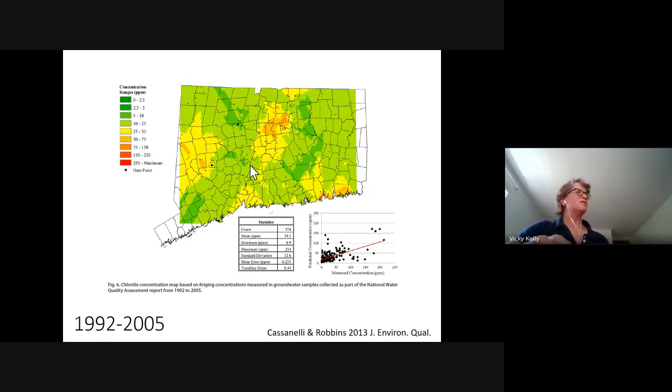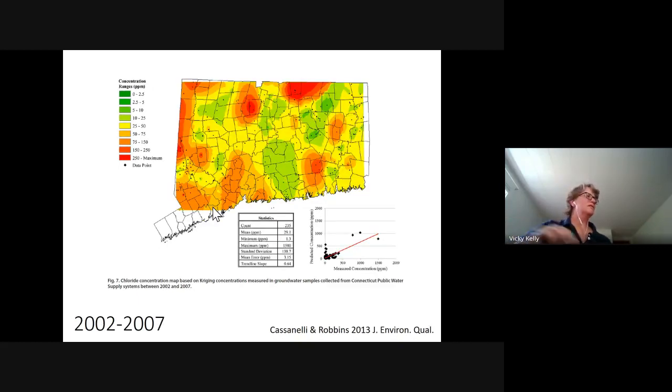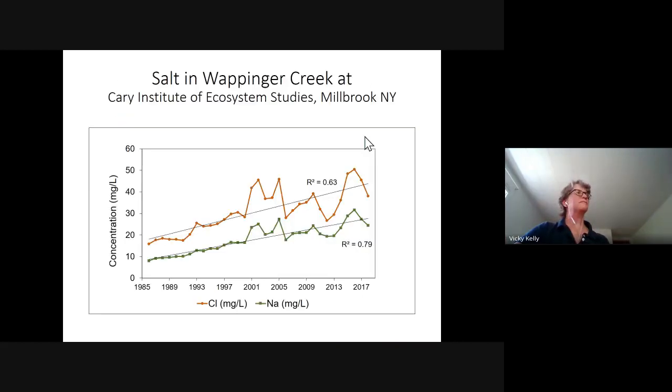By 1992 to 2005, there are very few places in the state where there are what we would call background concentrations. And then by 2002 to 2007, there's virtually nowhere where the groundwater isn't contaminated by salt. A lot of increasing salt concentrations in the groundwater in the state of Connecticut.